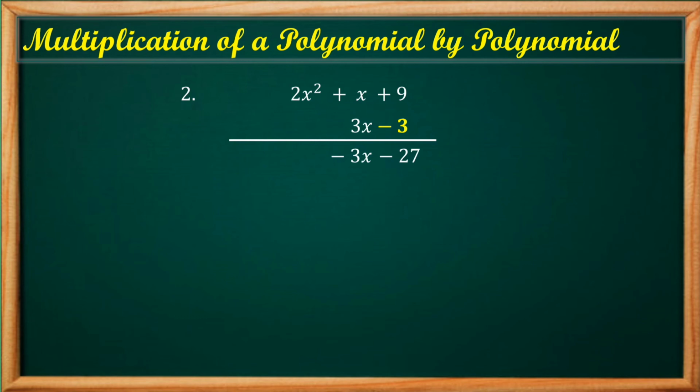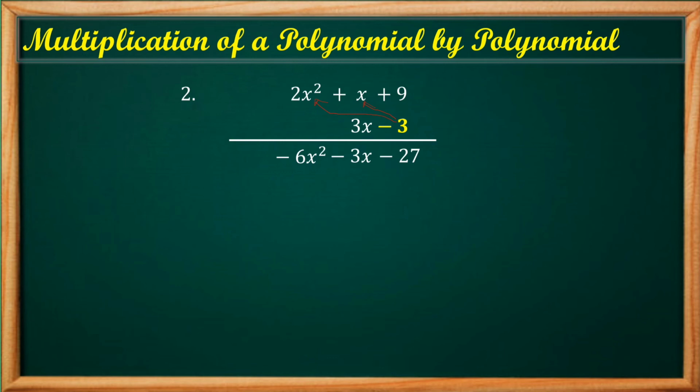Next, you have here negative 3. Ayan. Negative 3 times x. Tama? Therefore, you will have here negative 3x. Next, negative 3 times 2x squared. That is negative 6x squared.